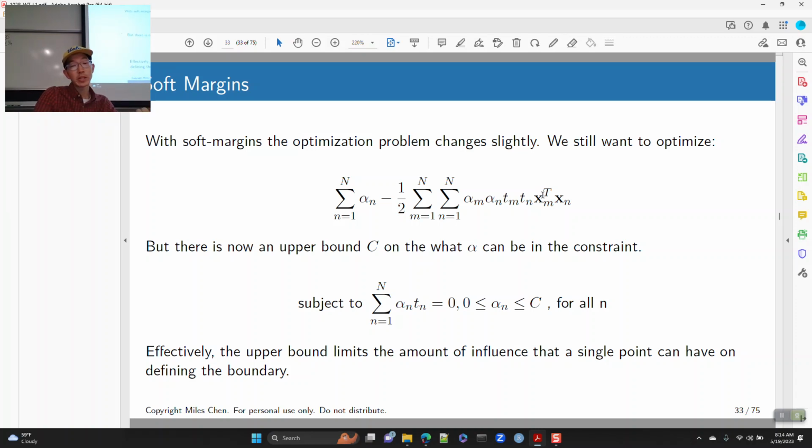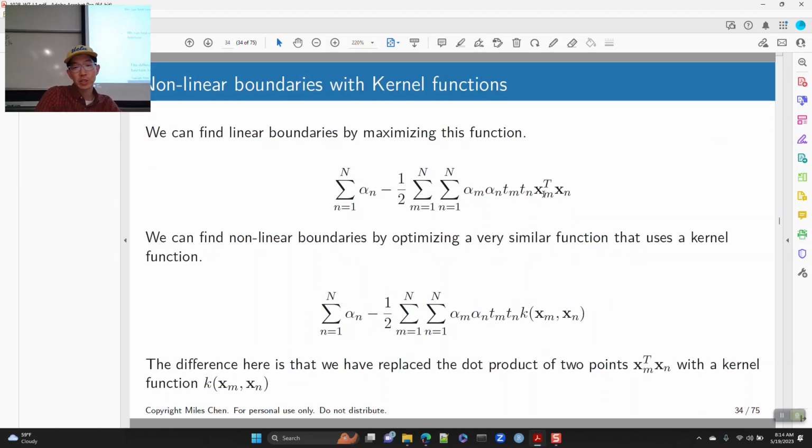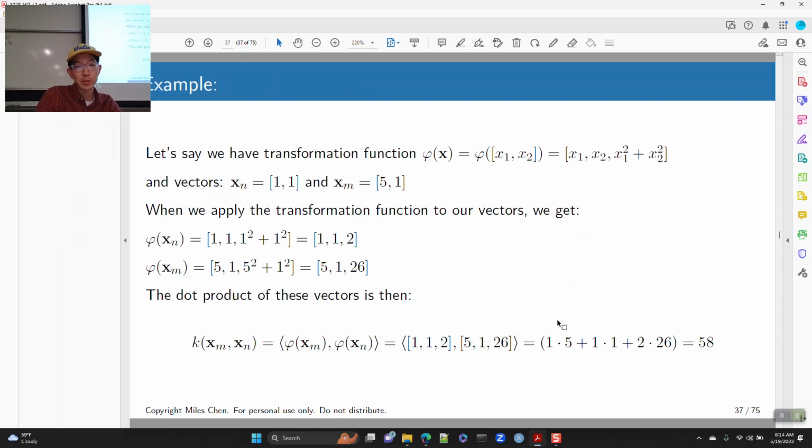But we don't actually have to go from x in 2D to x in 3D and then do the inner product. We can just go straight to using this kernel function. For example, let's say xm and xn were the coordinates 0.11 and 0.51. I could transform them into 3D.